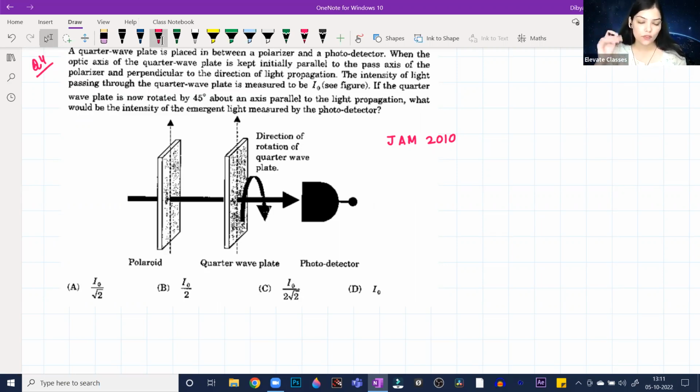Now, if the quarter wave plate is rotated by 45 degrees about an axis parallel to the light propagation, what would be the intensity of the emergent light measured by the photodetector? Just try this question.